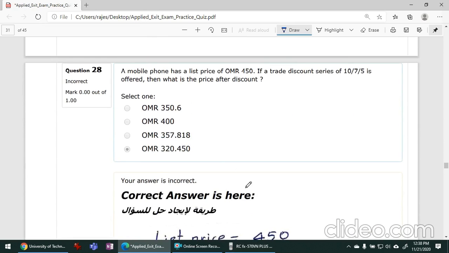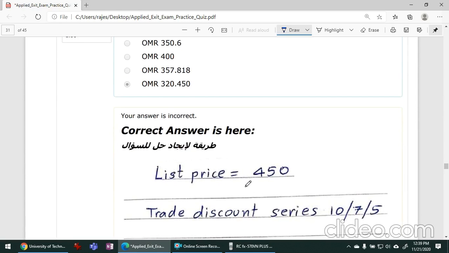Question number 28. A mobile phone has a list price of 450 riyal. If a trade discount series of, see here, 3 numbers, 10%, 7%, 5% is offered, then what is the price after discount? This question is very easy. When you see something like this, it is a discount percent. So look here, the answer is very easy.